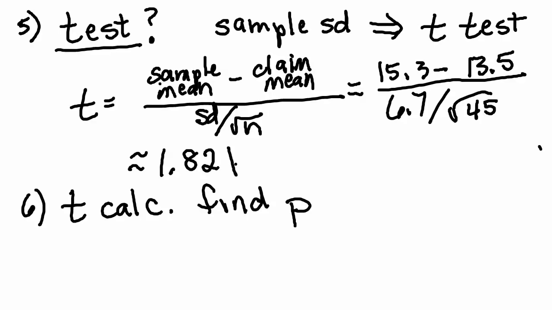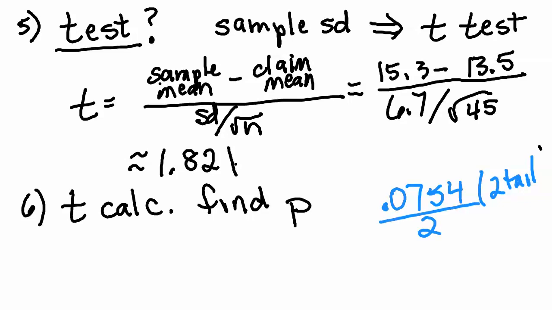So let me go back. That was two-tailed. We're going to divide it by 2 because we only have a one-tailed test. And we get, let me use my calculator, 0.0377.